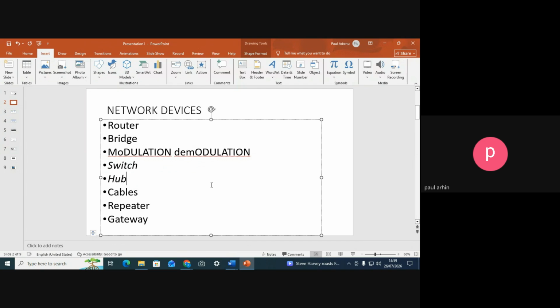Modems are used in an environment where the nature of the signals being transmitted is different. When I talk of different signals, I know by the third year you already know the types of signals which travel. It's either digital or analog. That's what really happens on the internet. If it is digital, that is the packet coming from a real machine, a computer, a PC.